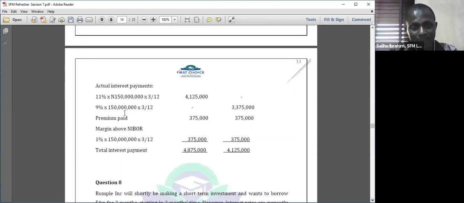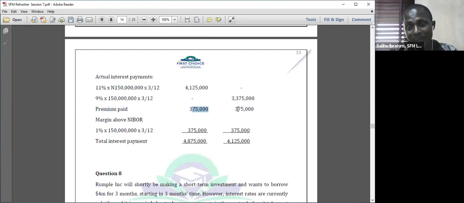Look at it, premium paid. You can see it should increase my payment. Then above NIBOR, I can borrow at NIBOR plus 1%. So the margin above NIBOR is 1% of this times 3/12, which gives us this and this. So the effective interest, the net interest payment, is this and this, respectively.